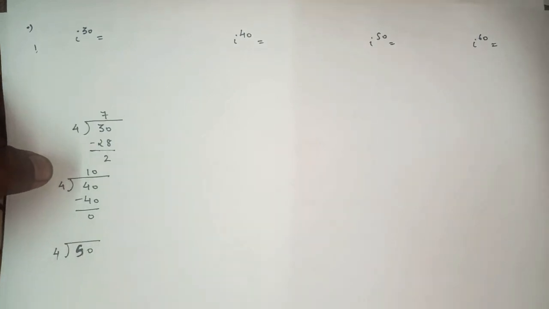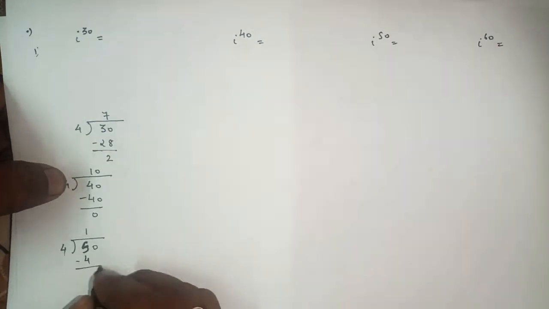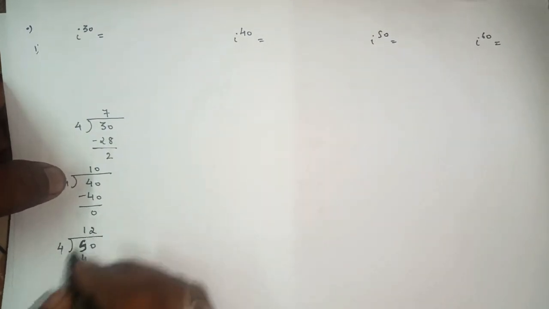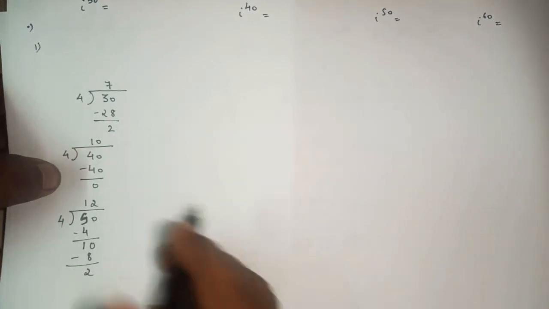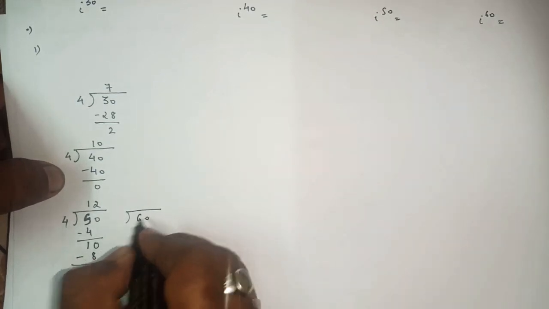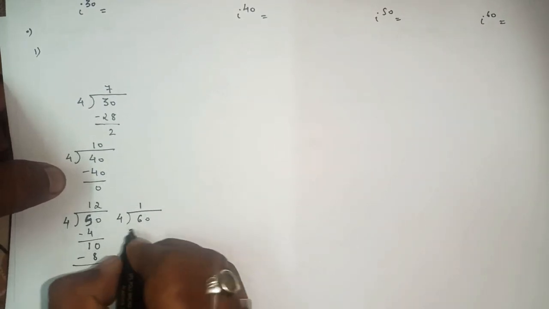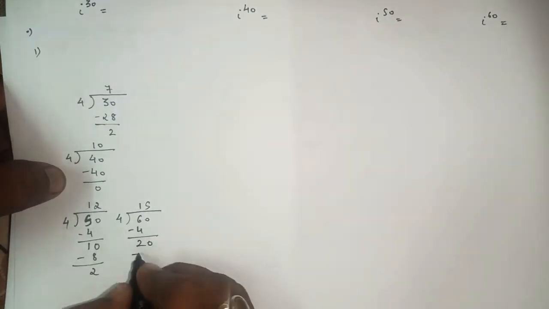Always we have to divide it by 4. Okay, 4 ones are 4, so you'll be left with 1 0. 4 twos are 8, so remainder is 2. And the last one is what? 60. 4 ones are 4, so you'll be left with 2. 4 fives are 20.